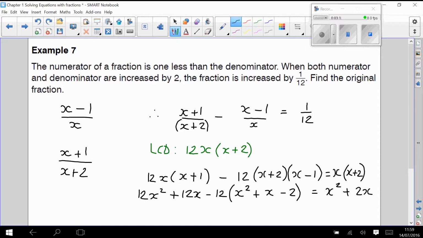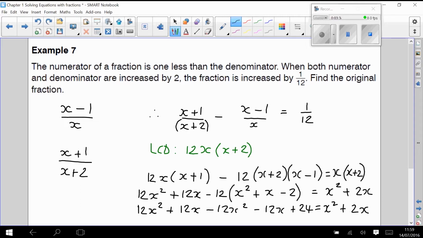Continuing to distribute the minus 12 into its bracket, I get that my result is going to be 12x squared plus 12x minus 12x squared minus 12x plus 24 is equal to x squared plus 2x.